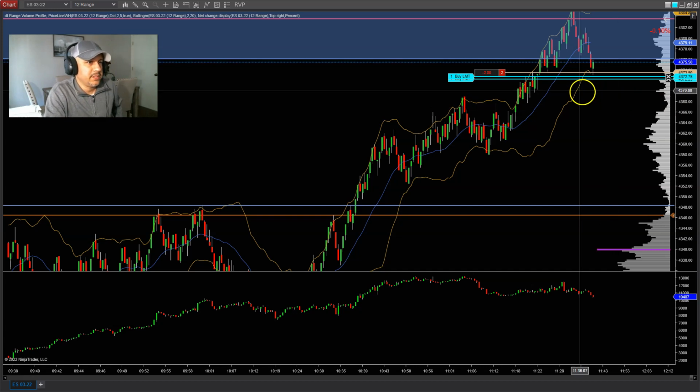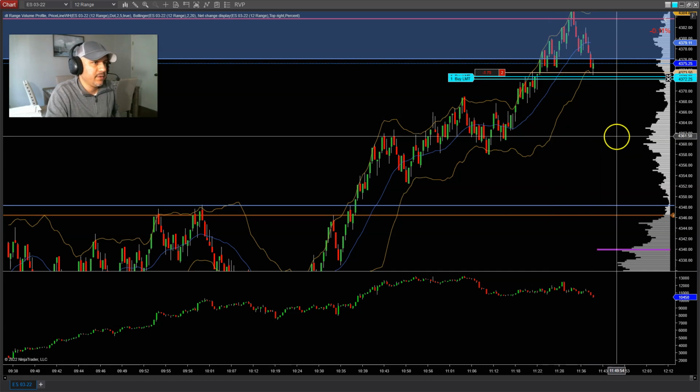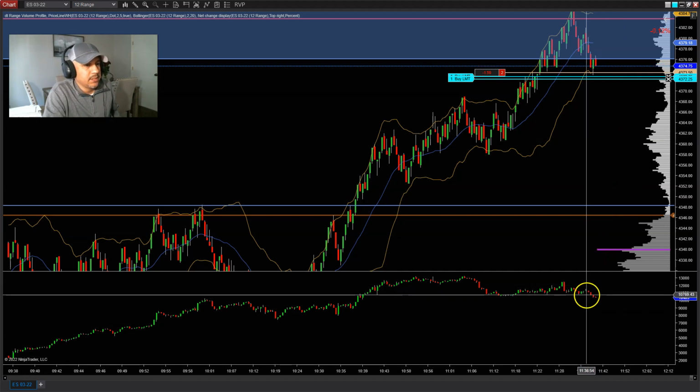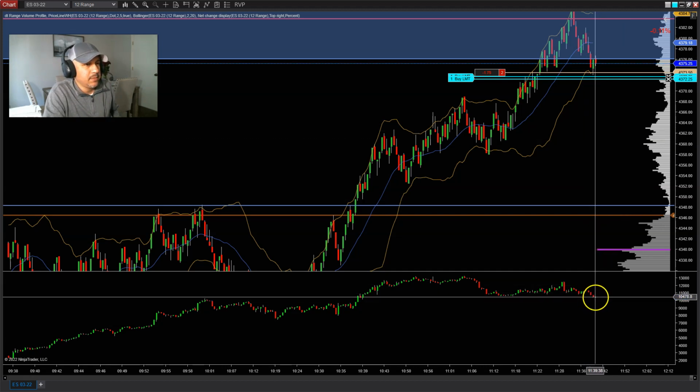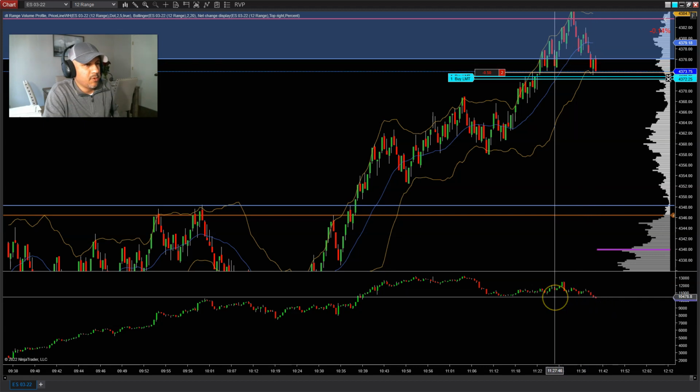Price didn't close below this area here. I wanted it to close below 74.5. So let's pull them back now. You see Delta still... Delta broke below, so hopefully we get the push to the downside now.